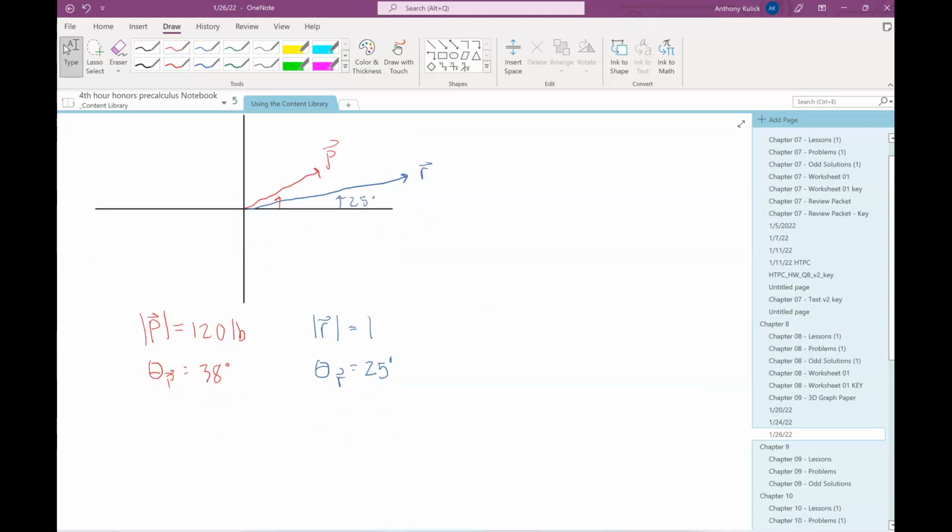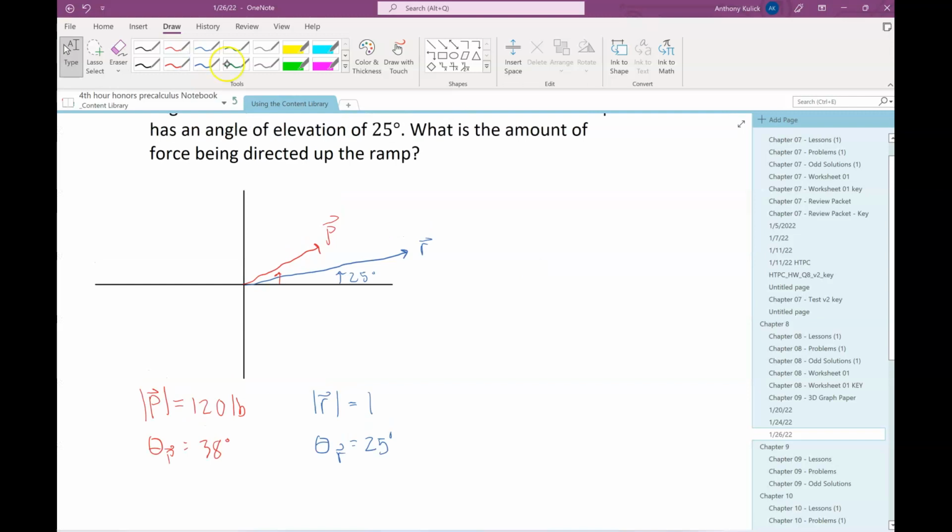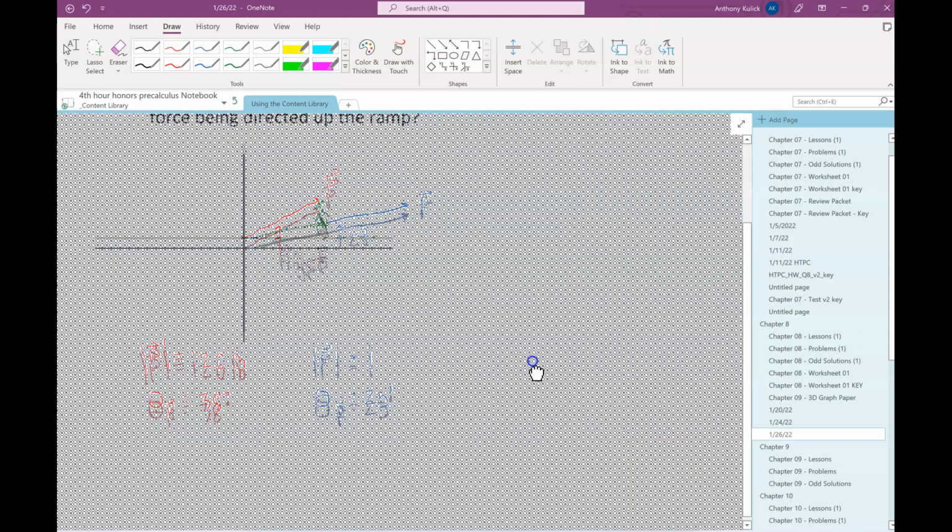So now that I have my 2 vectors, what I'm going to be looking to do is making this projection vector from P onto R. And we're actually going to be looking for the magnitude of that vector. We okay with the picture that I've drawn in terms of what we're trying to do? Okie doke.